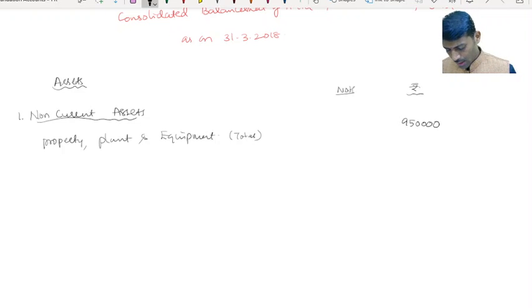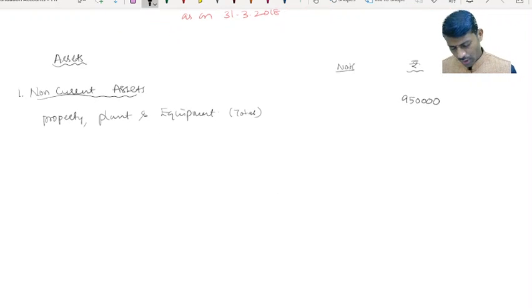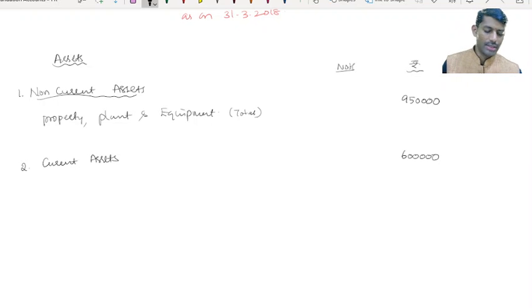Next, investments are cancelled, therefore other financial assets, nothing is there. So directly you can go with current assets. Total you can give 6 lakh. No adjustment, stock reserve, nothing is there, so you can just combine and total it.